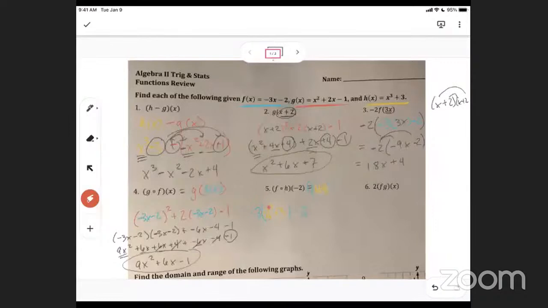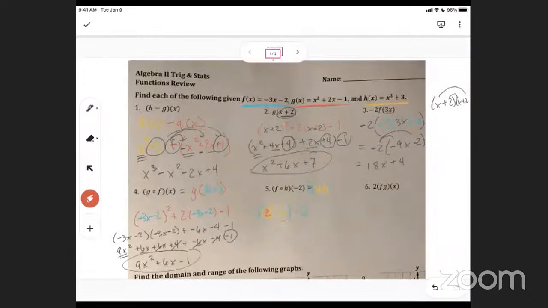So what you maybe should have done first, Sarah, and what you're doing is totally fine, is just figure out what h of negative 2 was and then plug that in for f. That probably would have been easier, but that's essentially what you're doing here. Because you're first going to have to simplify this.